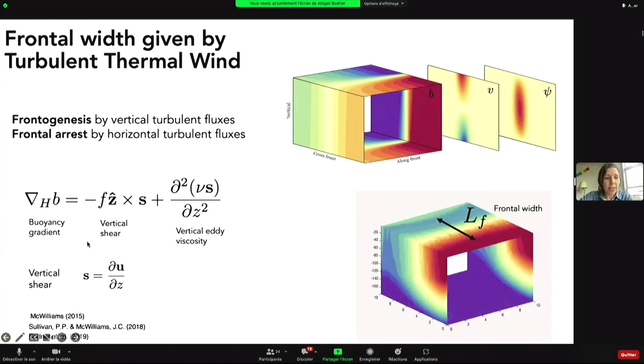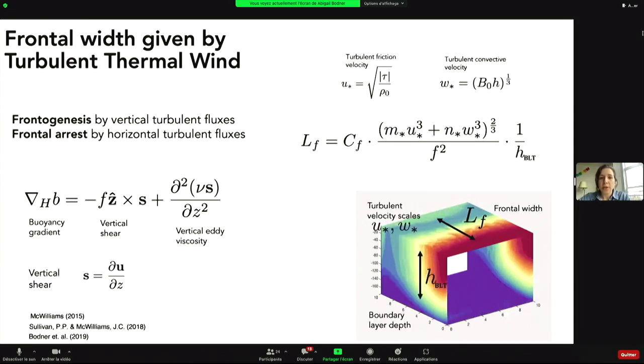So it turns out that if you follow through the turbulent thermal wind balance, and you insist that all submesoscale and boundary layer turbulence scalings remain consistent with each other, we were able to come up with a new frontal width scaling that now depends on boundary layer turbulence.